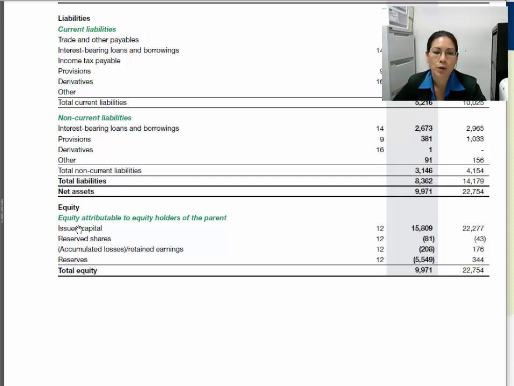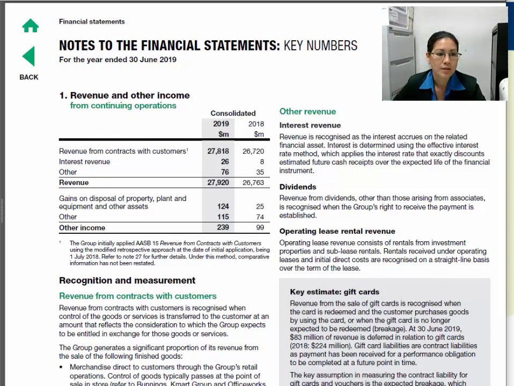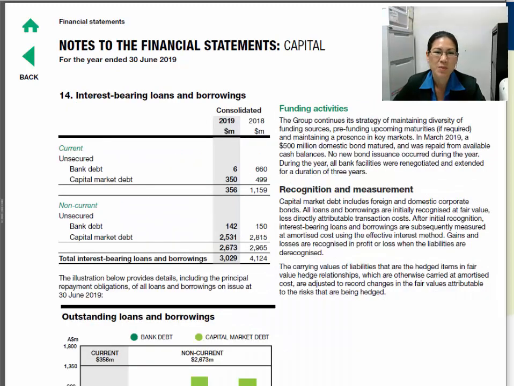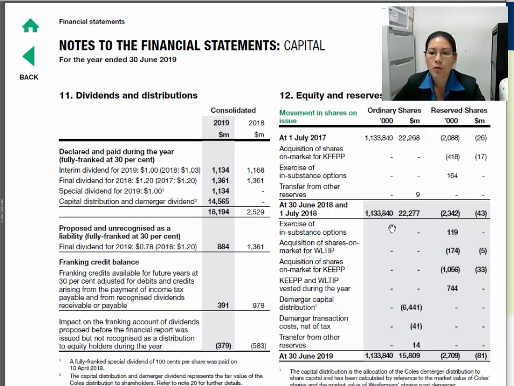So in my case, Wesfarmers is calling it issued capital, and go to that note. That would be my first advice. Go there first. So I'm going to go to note 12 and have a look and see if it tells me the number. So I want the dollar value, I need to know the dollar value in my financials, but I also want to know the number on issue.